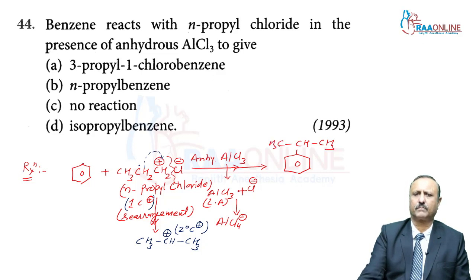It is called the isopropyl group. Isopropyl benzene is formed. So, my dear students, your answer is D. First of all, this carbocation is rearranged, and after rearrangement this compound is formed and it is called isopropyl benzene.